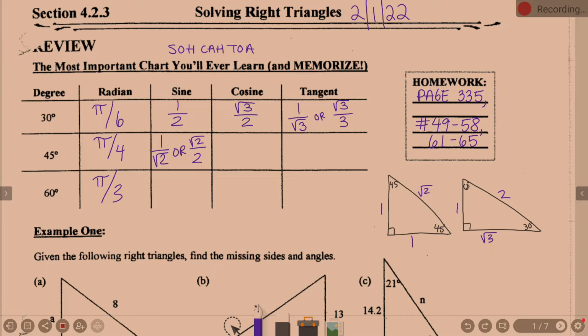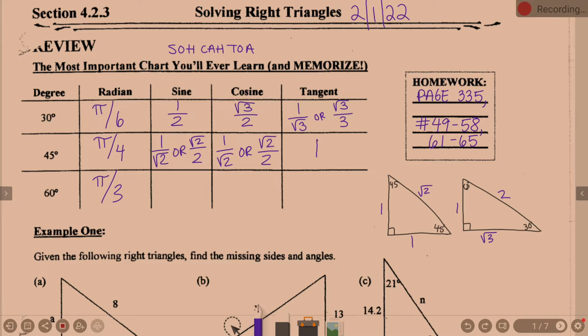Square root of 2 over 2. It's the same, isn't it? The sine and cosine of 45 are the same. So I can say 1 over square root of 2, or square root of 2 over 2. Tangent of 45. 1. Opposite over adjacent. 1.